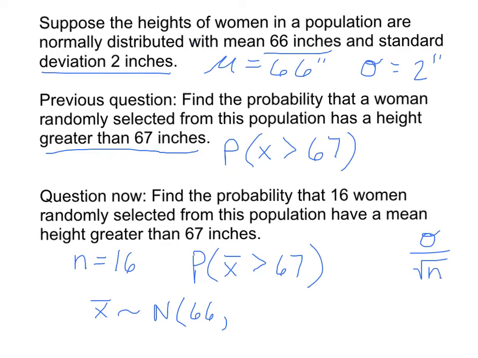So when you plug in 2 over the square root of 16, you now have a standard deviation of 0.5 inches. Your center is 66 inches, but the means are going to hug the middle a lot more and not be as spread out as the original population's 2 inches.